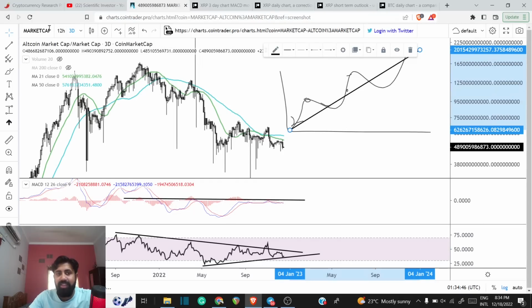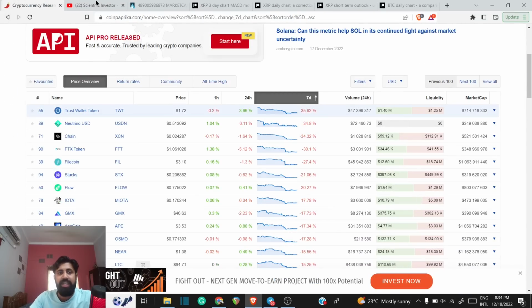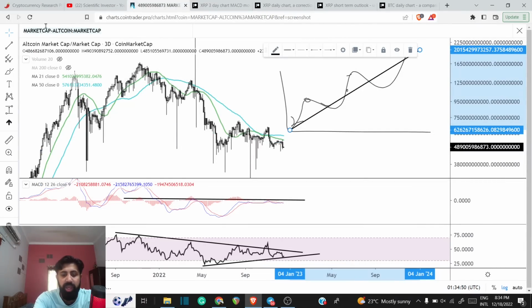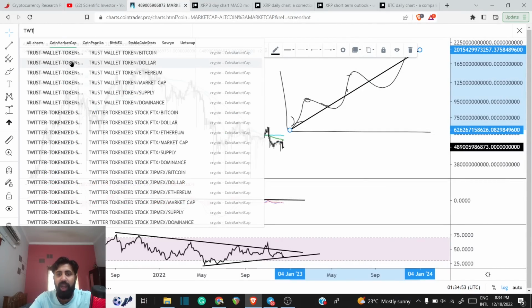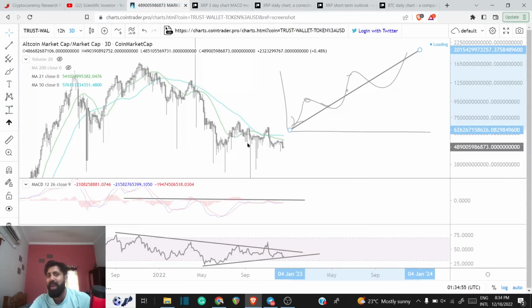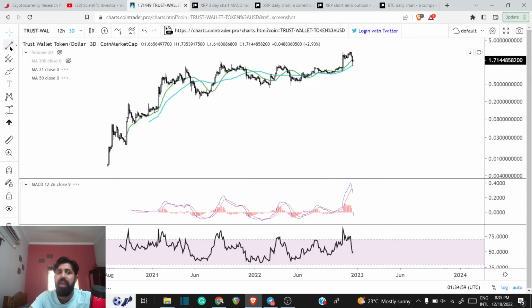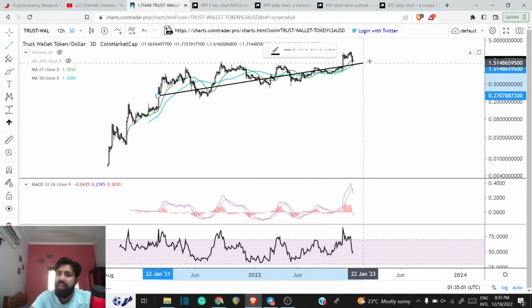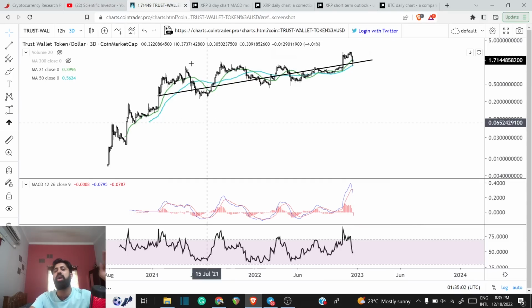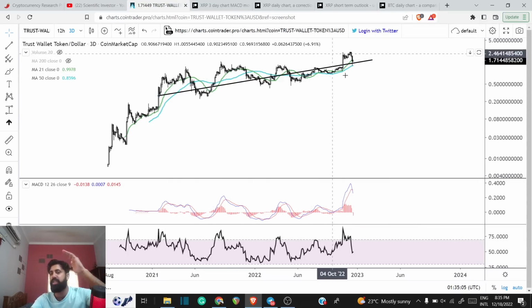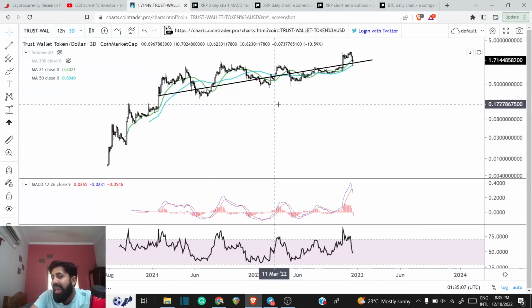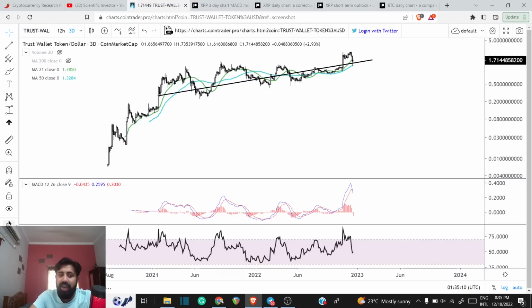Now, I'll take the same asset for an example. Here, TWT. Okay, fine. You go to this Trust Wallet and you open a dollar-based chart. Here, for example, you're looking at this one and clearly you can see a trend line moving to the upside. You're moving up, down, up, down, up, down, up, down. So if you're someone who is accumulating this, you now have an idea what's happening.